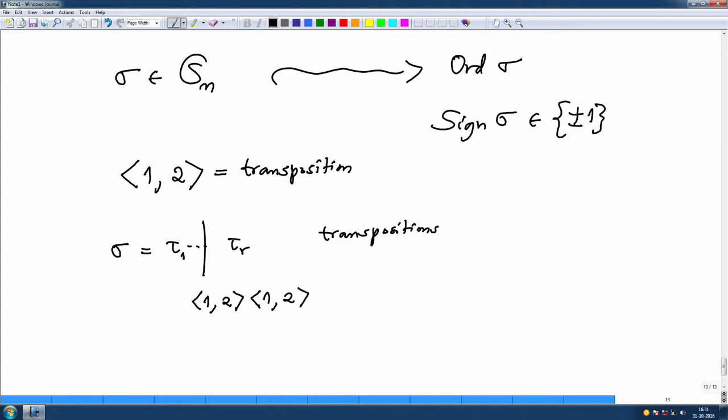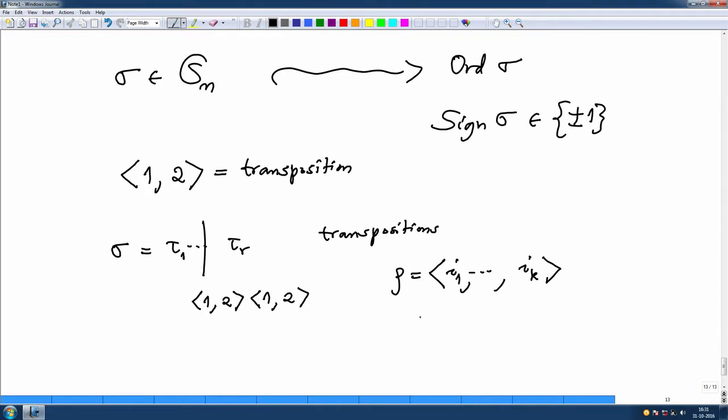So to do that, sigma is obviously a product of transpositions, because sigma is a product of disjoint cycles, and each cycle (i1 ... ik) I will decompose into transpositions. So altogether each sigma I would have decomposed as a product of transpositions, but I cannot claim uniqueness anymore, because when I decompose even the cycle into transpositions, that decomposition is not disjoint anymore.